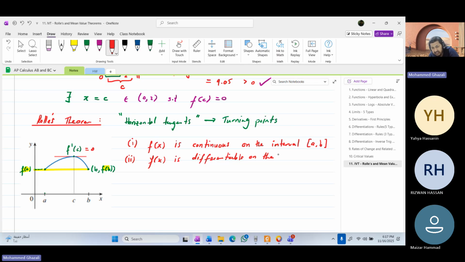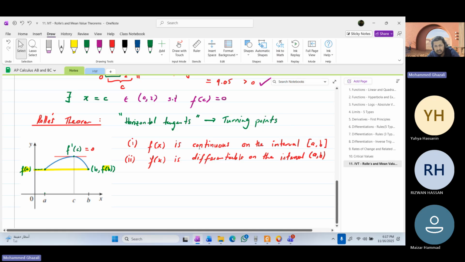So f of x is differentiable on the interval a to b. See over here, f of x is continuous on the closed interval. Why closed interval? Because this interval is closed. Sometimes they try to be technical on the closed interval, right?